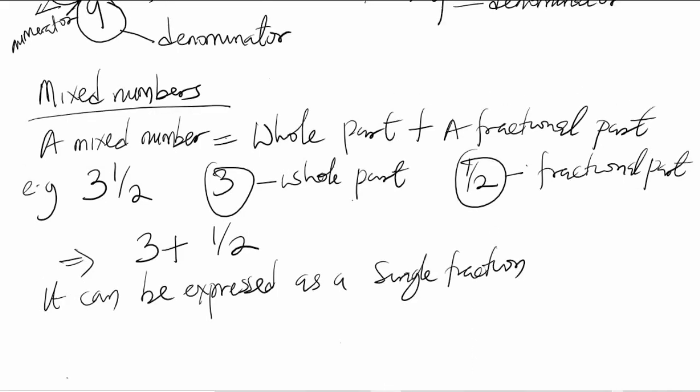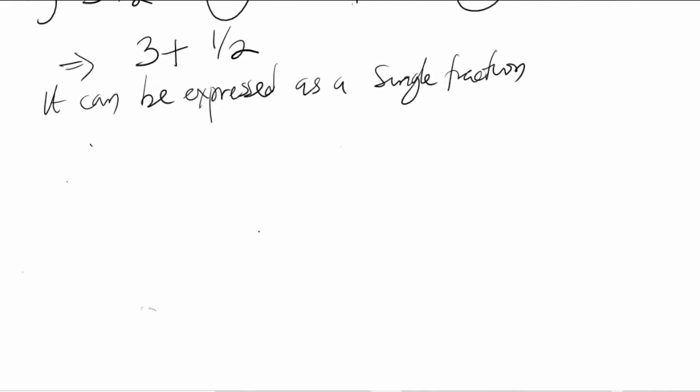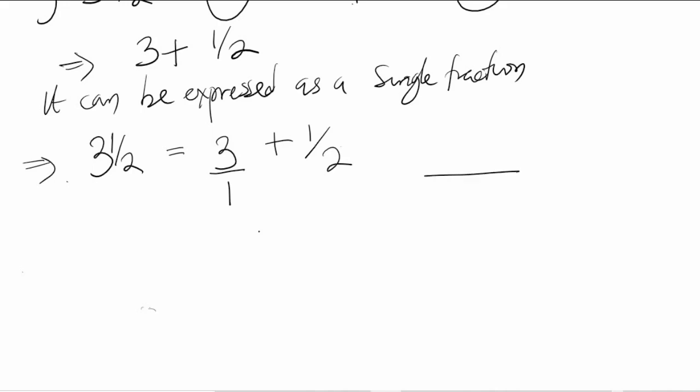Let's look at how we can express this as a single fraction. 3 1/2 is the same thing as 3 plus 1/2, which is 3/1 plus 1/2. To express this as a single fraction, we take the common multiple of the denominators, or the LCM of the denominators, and in this case the LCM of 1 and 2 is 2.